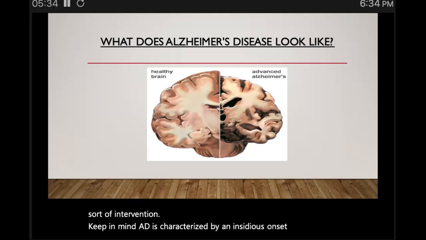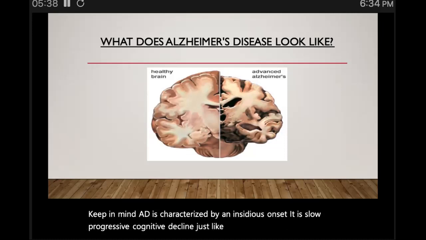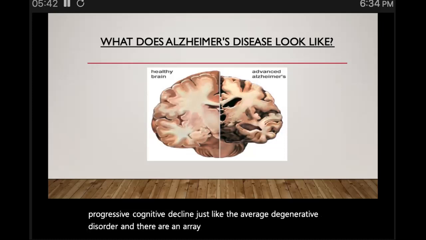It is a slow, progressive cognitive decline, just like the average degenerative disorder. And there are an array of emotional and behavioral problems that result from the cognitive decline within Alzheimer's.